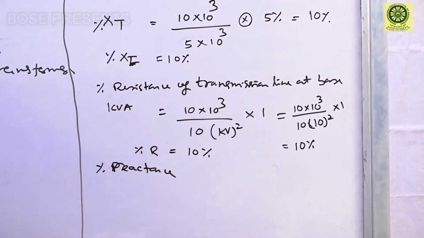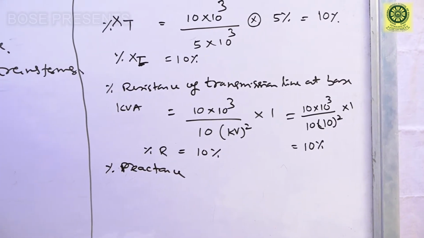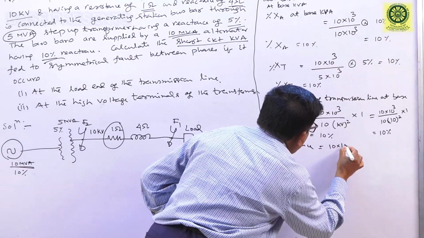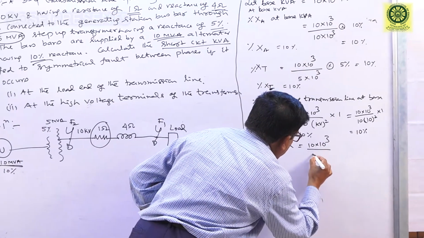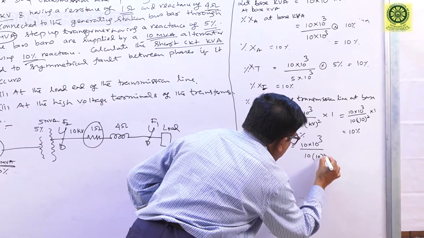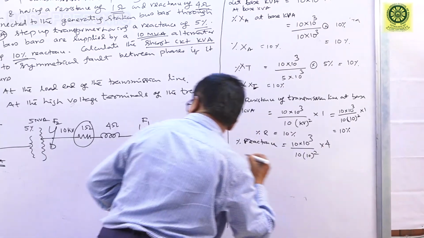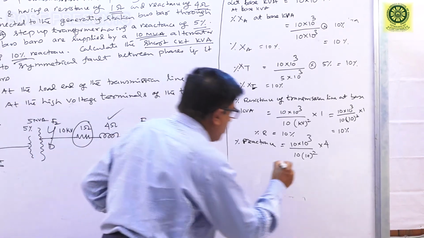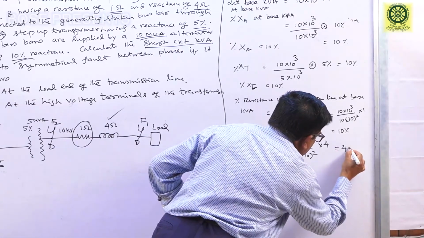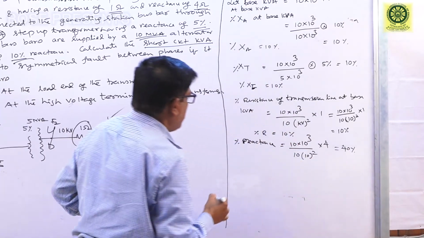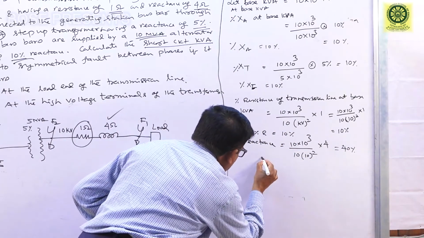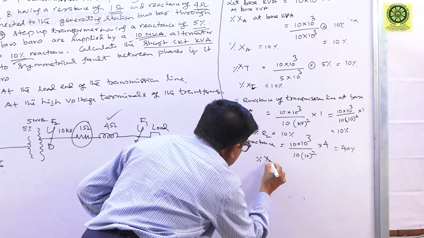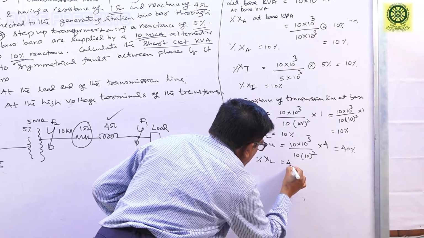Reactance is equal to 10 into 10 to the power 3 divided by 10 into 10 squared into 4, which is 40%. So the percentage reactance of the transmission line is equal to 40%.